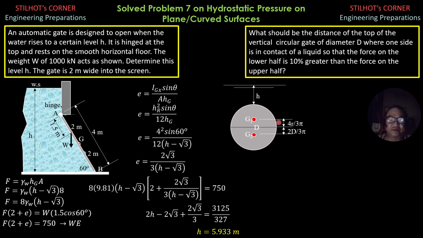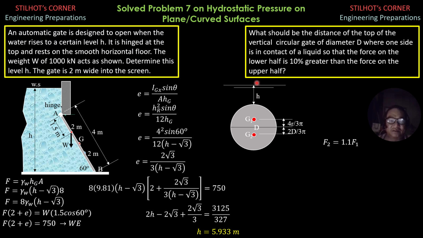So our working equation is F2, not acting at G2 but just a little bit below, as well as F1 acting just a little bit below G1. So F2 is equal to 1.1 of F1. That's the working equation. And since F is specific weight times HG times area, F2 is gamma of any liquid times HG2, the distance from the free surface of the liquid to the centroid of area 2.